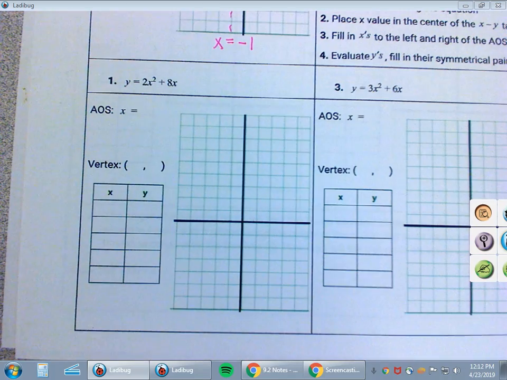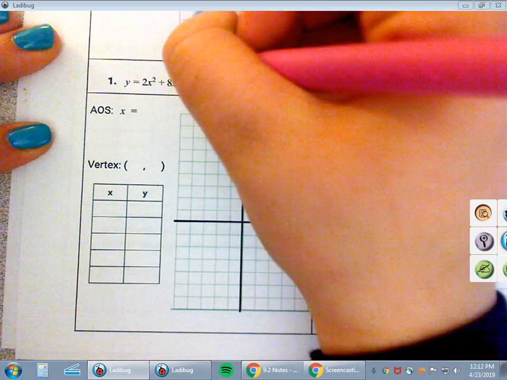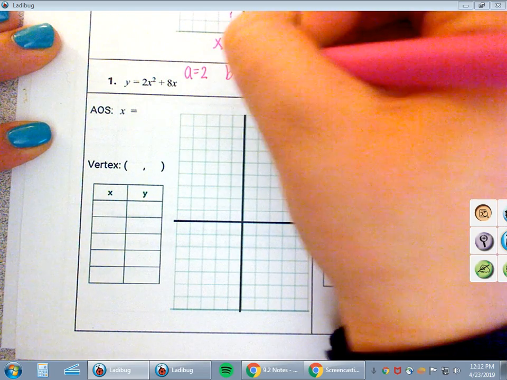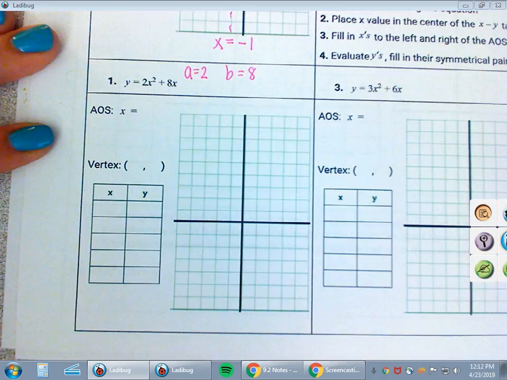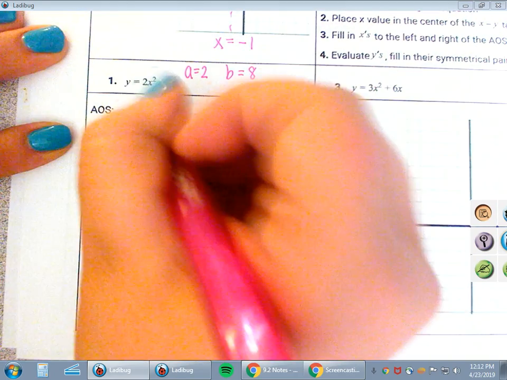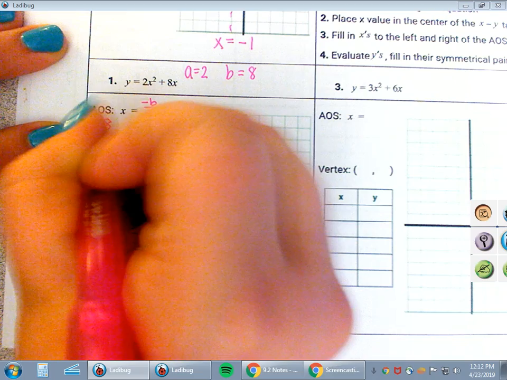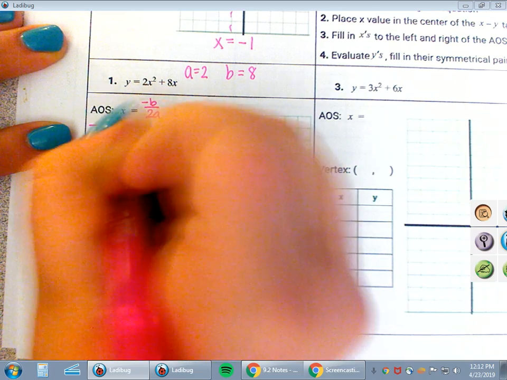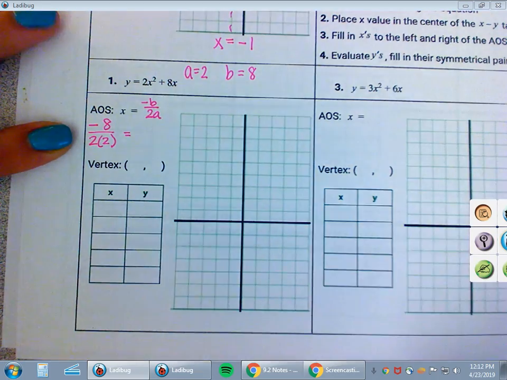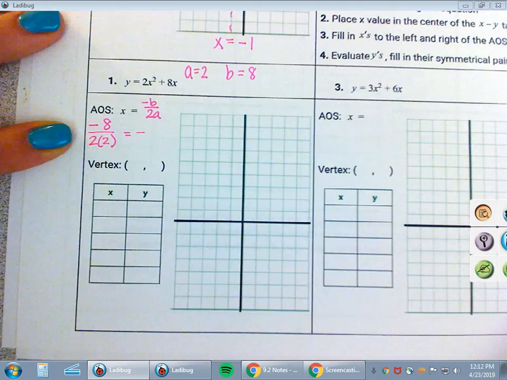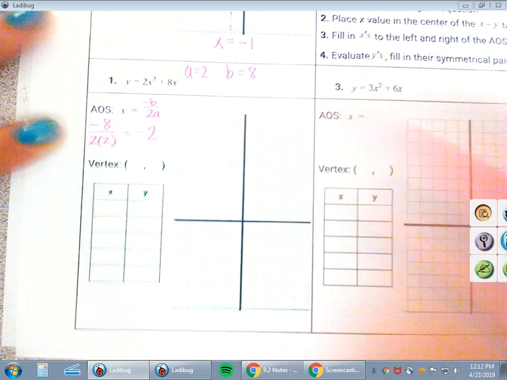So let's see. We've got our a is 2, and our b is 8. So my axis of symmetry, remember, is -b over 2a. So -8 over 2a, -8 divided by 4. -8 divided by 4 is -2.